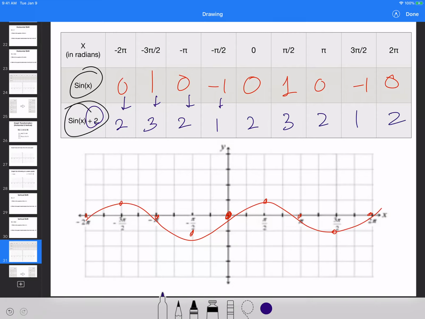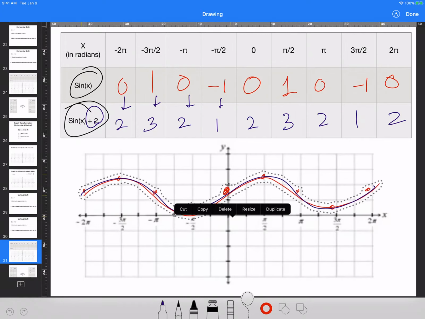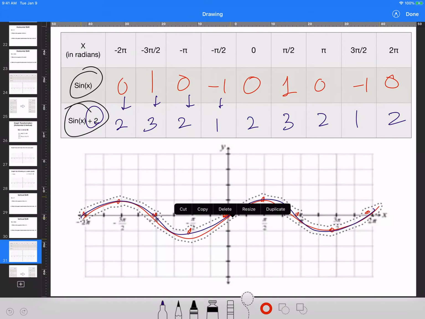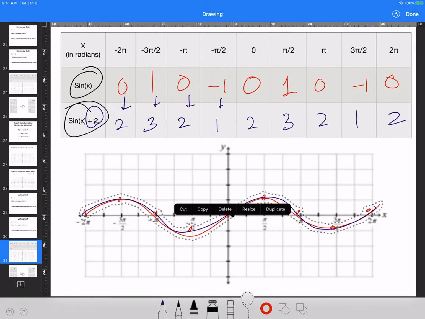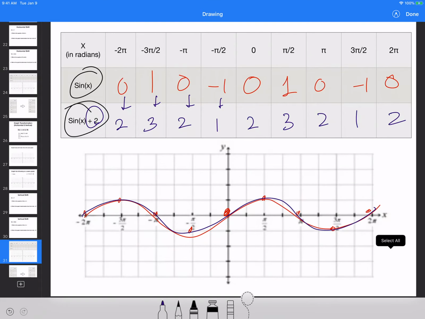So in a way, I take this wave and I move it upwards. I take this wave and I move it up 2. I probably will have to replicate this.